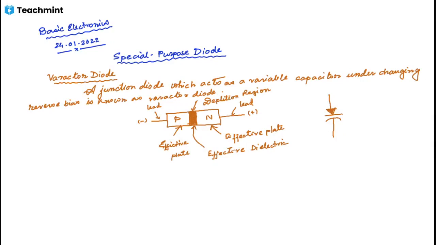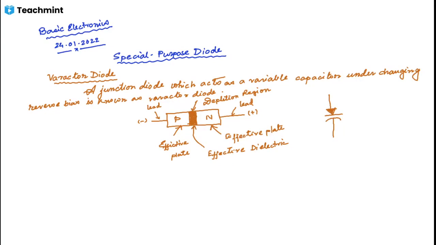Now, when a PN junction is formed, a depletion layer is created in the junction area. Since there are no charge carriers within the depletion region, the zone acts as an insulator. The p-type material with holes as majority carriers and n-type material with electrons as majority carriers act as charged plates.